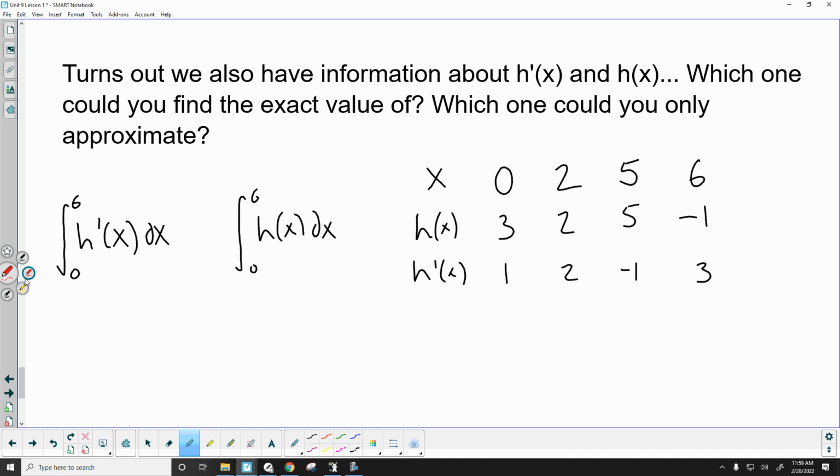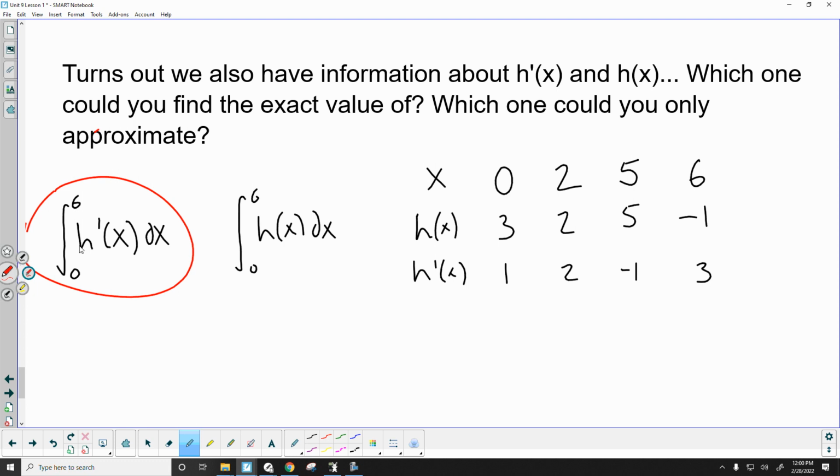So let's look at this one over here, 0 to 6 of h prime. Now you look over to the right, and you see a table of information. And you're like, all right, what kind of Riemann sum should I be using? It's all about rectangles, right? This is important. Why this is also tricky is because you have to understand what this means.